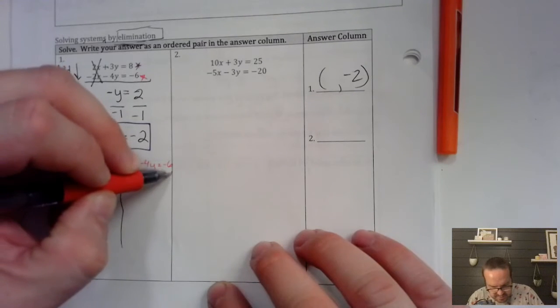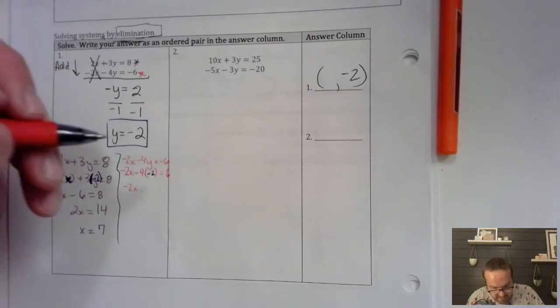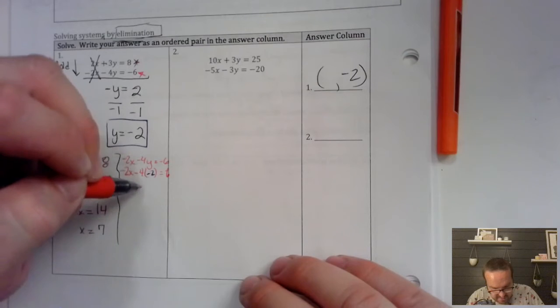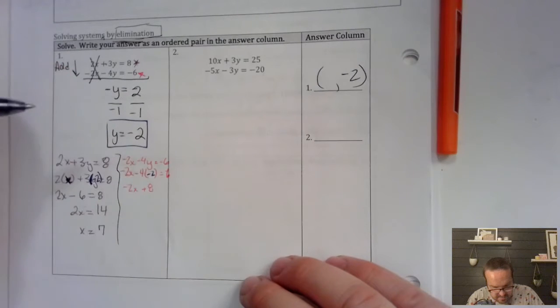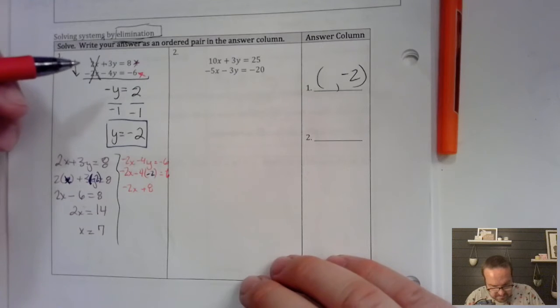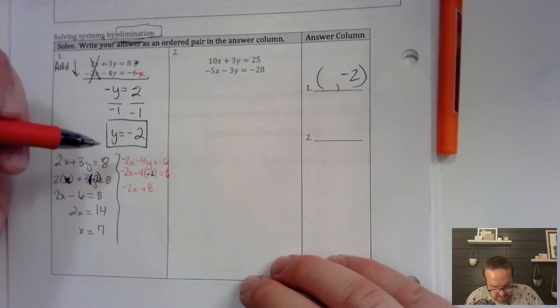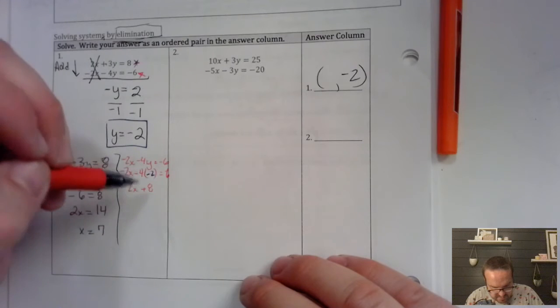So I'm going to multiply those together. Negative 2x. And that's positive 8. Positive 8 right there.